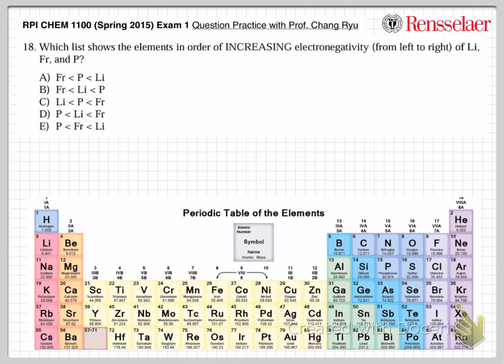Okay, so this is another question about using the periodic table of elements. Now the question is about electronegativity, in order of increasing. Electronegativity develops in the atom because of the proximity between the atom core, which is the nucleus, and the surrounding electrons.